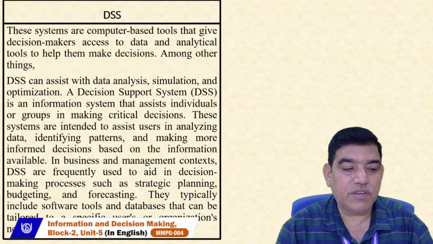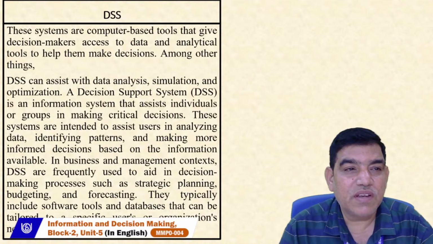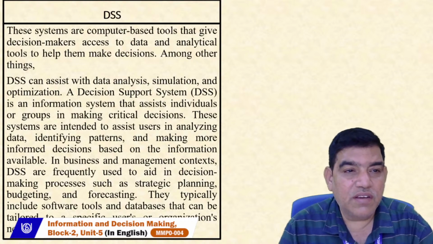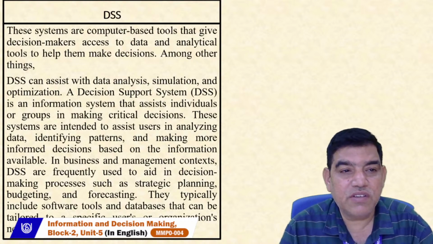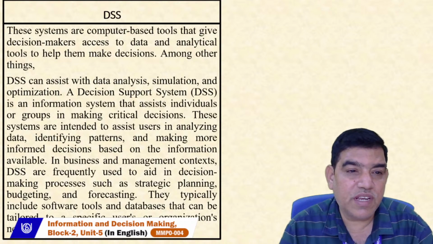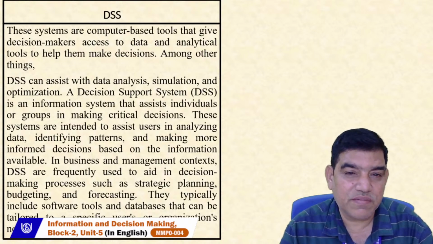Then decision support system. These systems are computer-based tools that give decision makers access to data and analytical tools to help them make decisions, among other things. Decision support systems can assist with data analysis, simulation, and optimization. The decision support system is an information system that assists individuals or groups in making critical decisions.